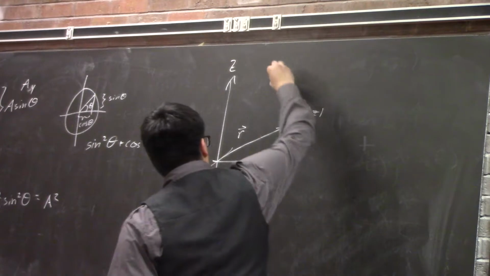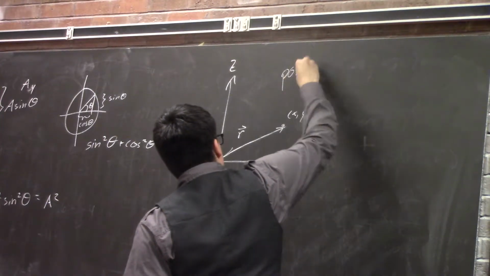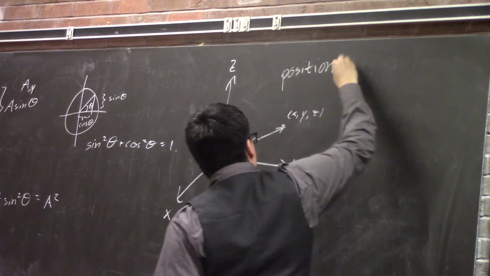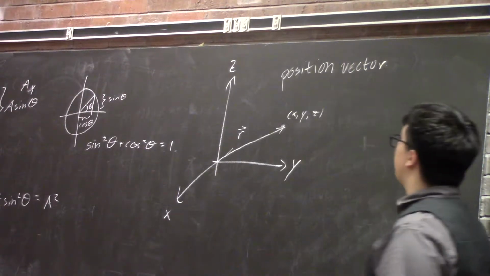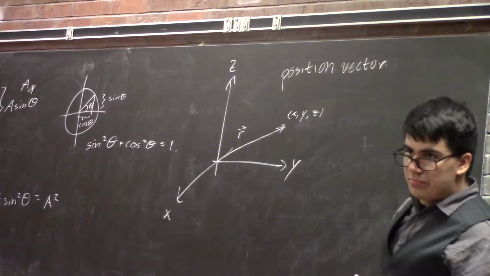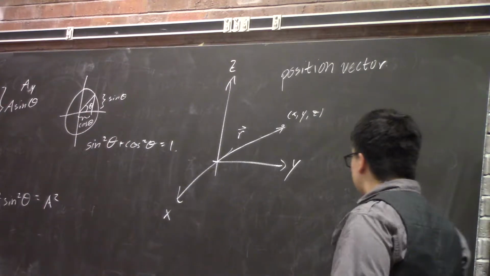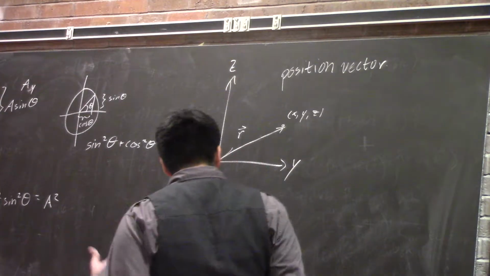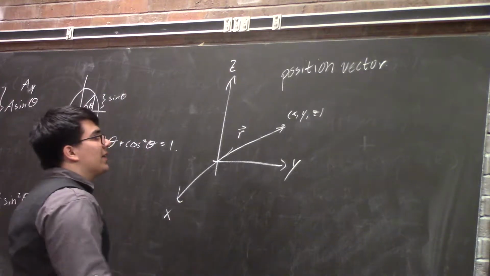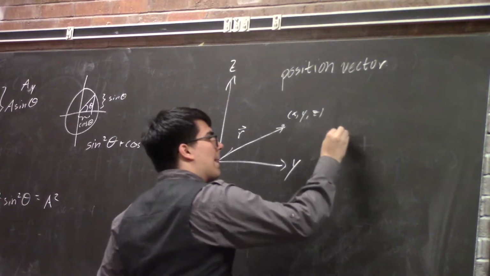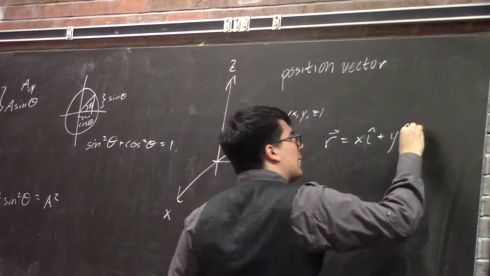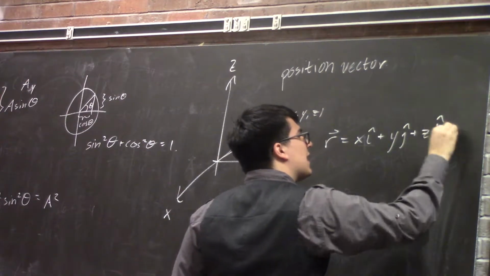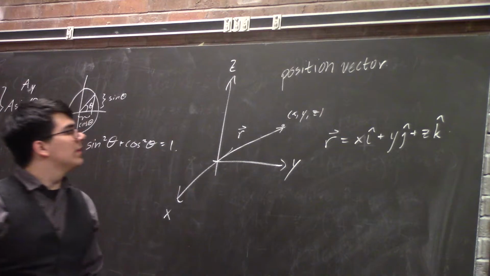I'm going to call it the position vector. The position vector marks location in space. All right. That being said, I can rewrite r as x i plus y j plus z k, right?